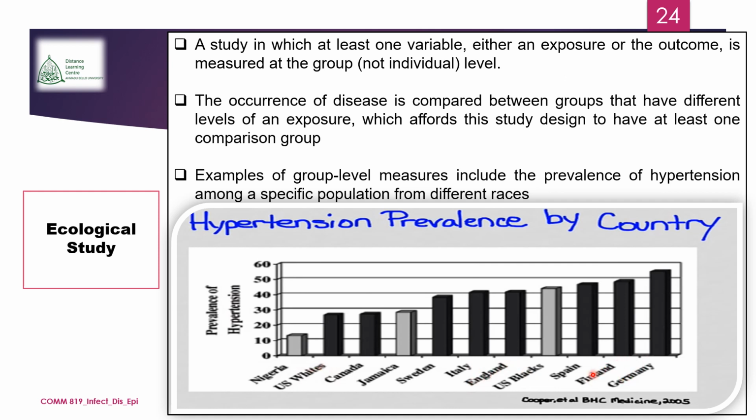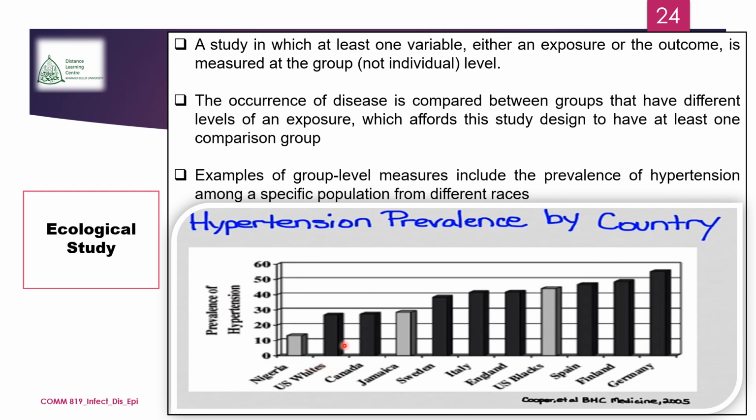So after collecting all the data, they compared the prevalence, and they observed that in Nigerians, who are black, the prevalence of hypertension is very low as compared to US black. Then Jamaica as well, which has African origin, also tends to have a lower prevalence in comparison to even US white.